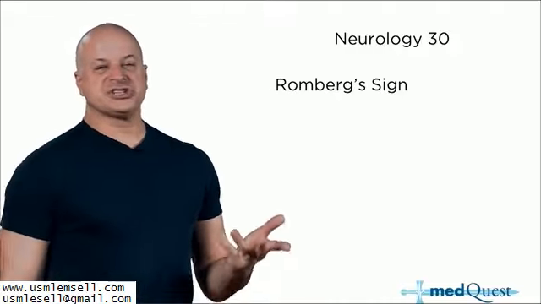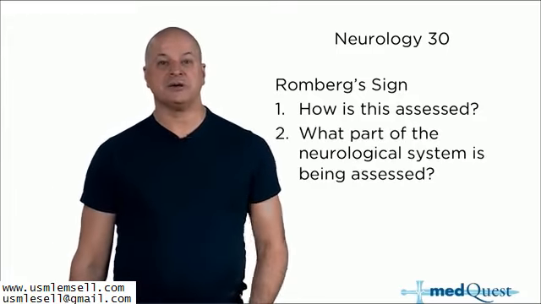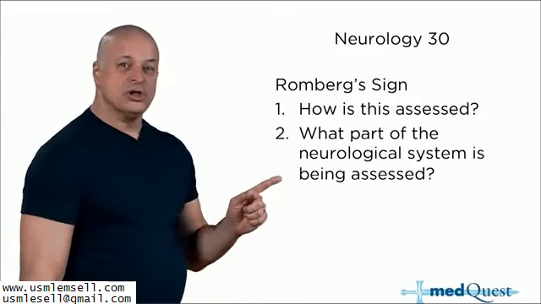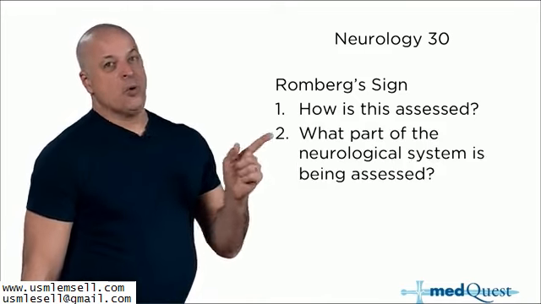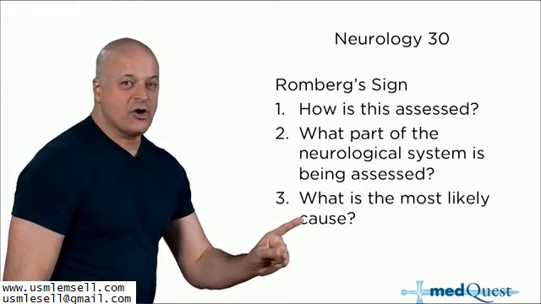The Romberg sign is a sign of posterior column defects. It's a spinal cord evaluation. What part of the neurological system? The spinal cord. And the most likely cause is B12 deficiency or syphilis.